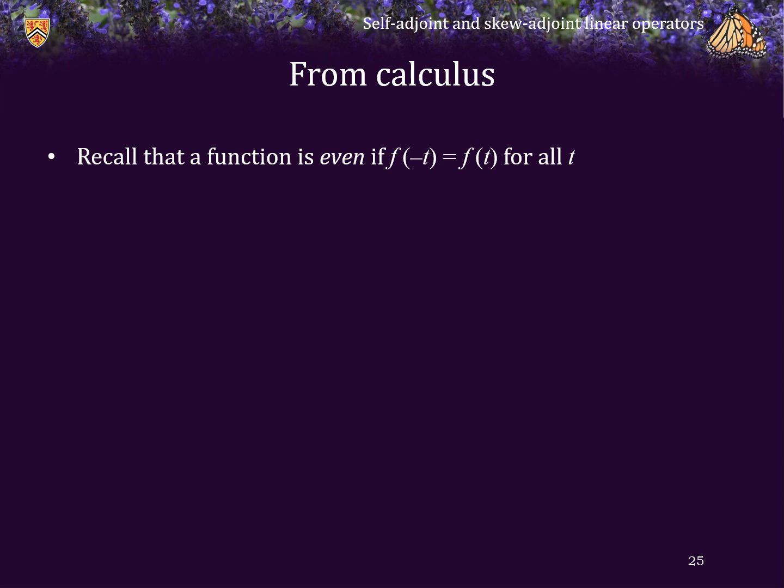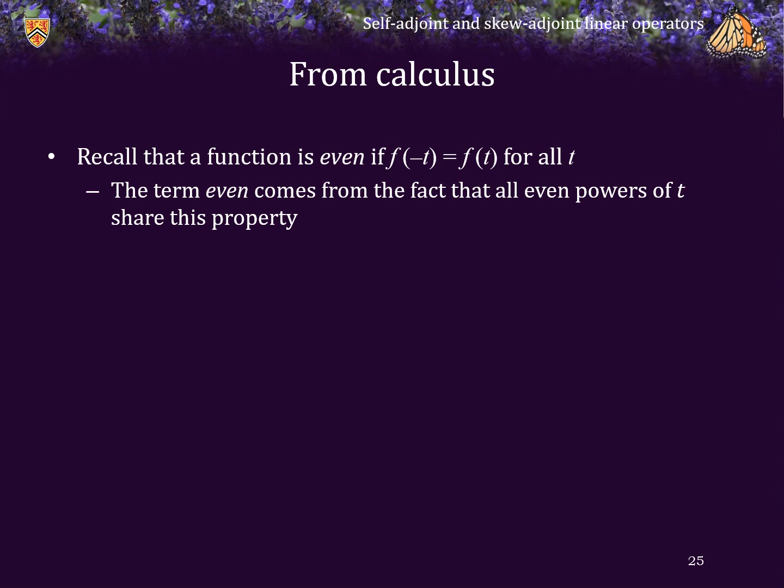Now, from calculus, recall that a function is said to be even if f of negative t is equal to f of t for all t. Now, to reiterate, the term even comes from the fact that all even powers of t share this property. So for example, here I have a polynomial that has terms with only even powers of t.